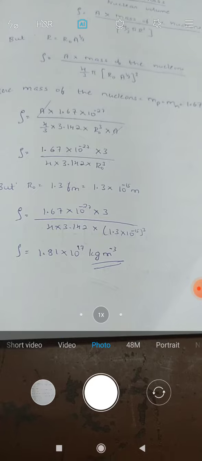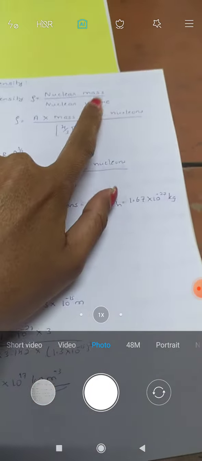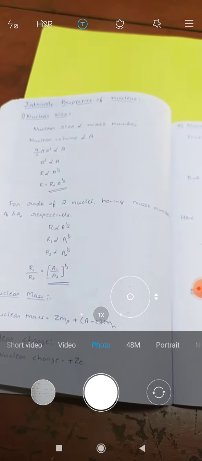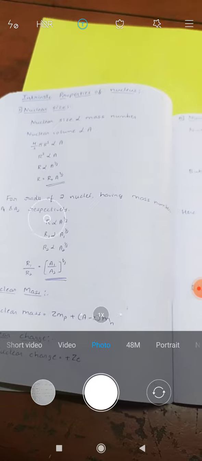The SI unit of mass is kg, and the SI unit of nuclear volume is meter cube. So the SI unit of rho, or nuclear density, is kg per meter cube. This is about the intrinsic properties of the nucleus of an atom.